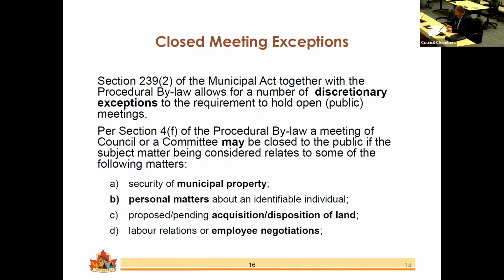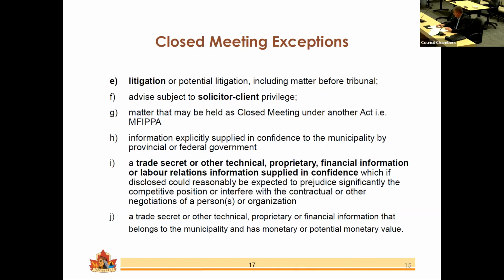Certainly labor relations is one of those exceptions. Litigation, any advice, receiving legal advice, so subject to solicitor-client privilege.